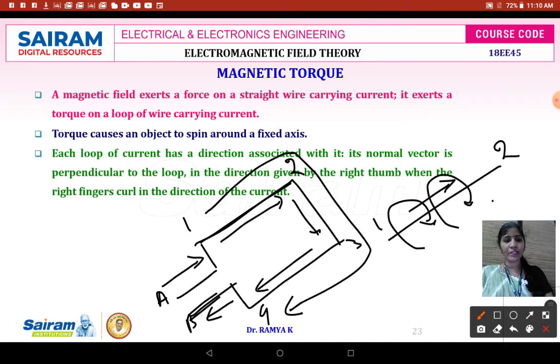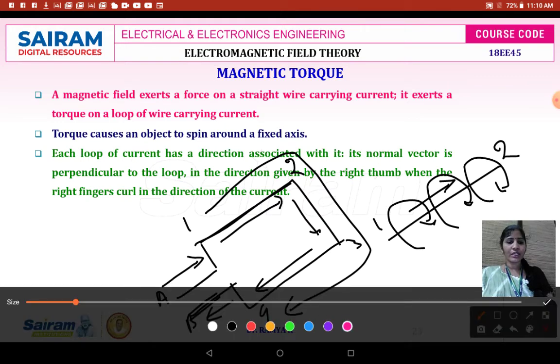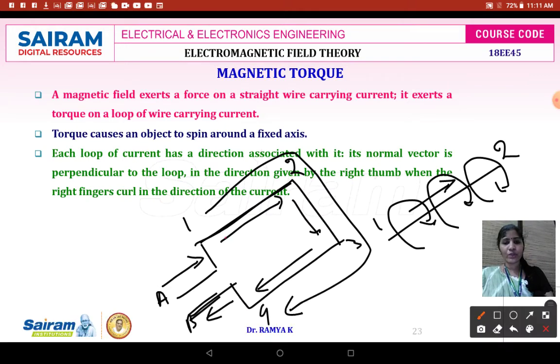The direction of your magnetic flux density will always be perpendicular to the direction of the current. The current direction 1 to 2 is just opposite to the current direction 3 to 4. Therefore, the force developed in 1 to 2 will get cancelled with the 3 to 4 side, and only the rotational torque will get developed.